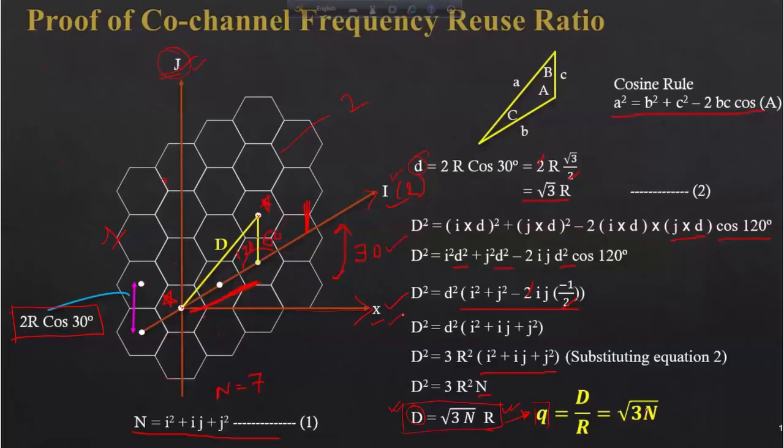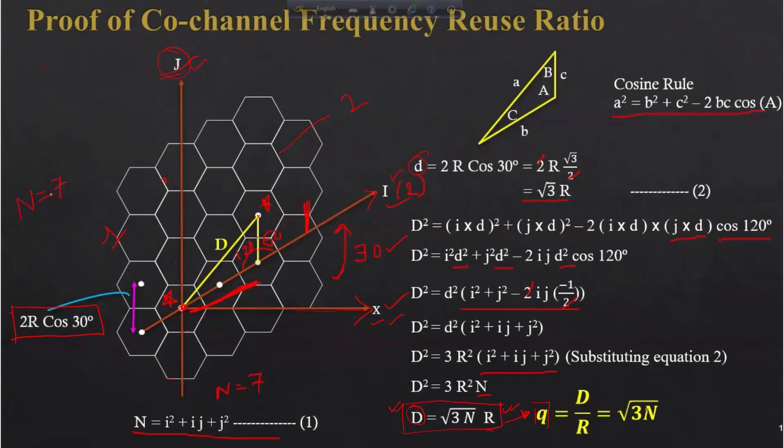Now this is our center cell, or our first cell. For example, we are taking a cluster size with n equal to 7. n equal to 7 means in one cluster we have 7 cells.